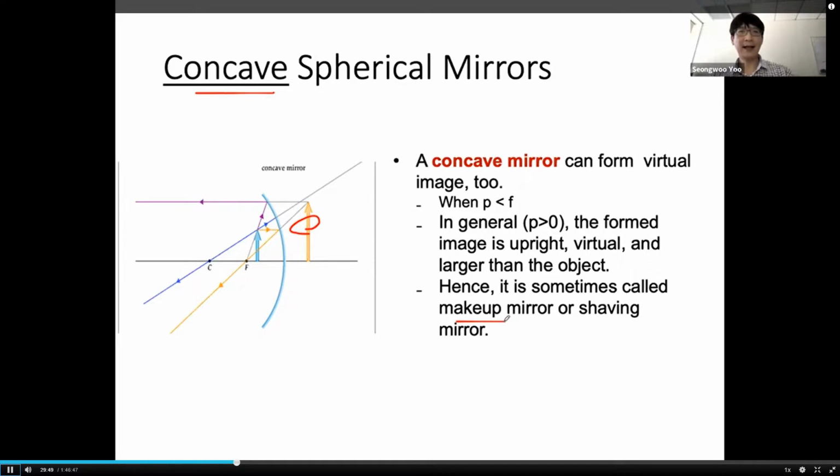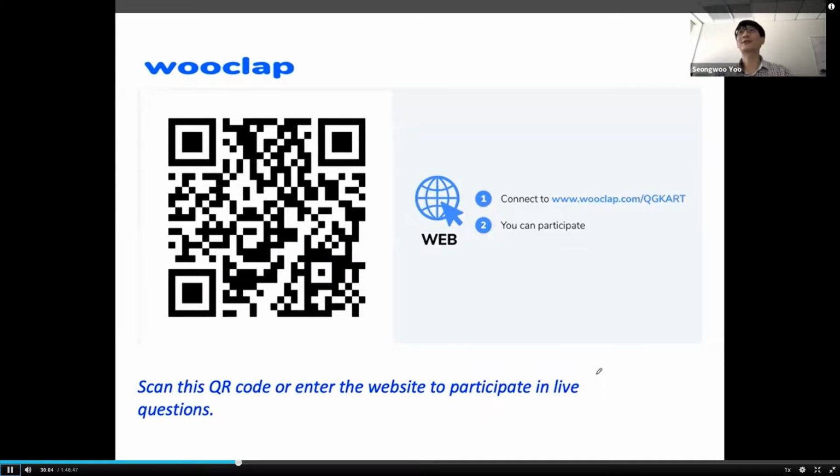Do you have any questions so far? No questions? Then I will move on to the Wooclap questions. I have a couple of Wooclap questions, so can you please scan this QR code to start them?